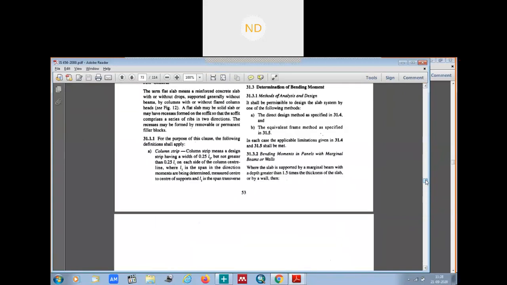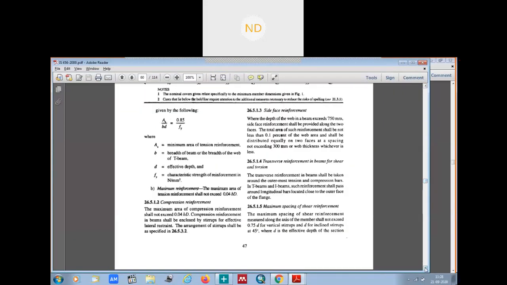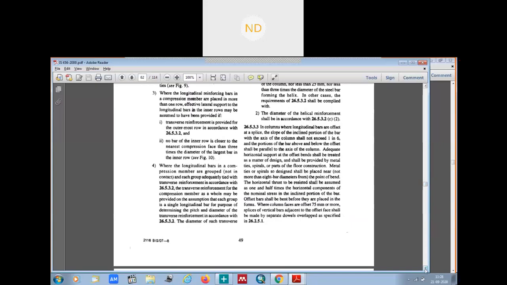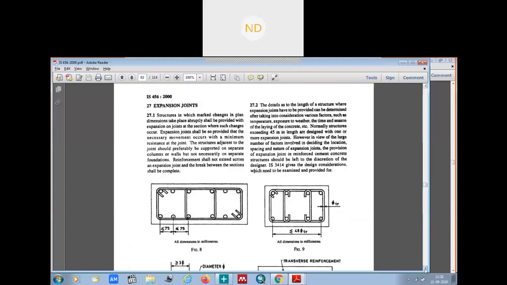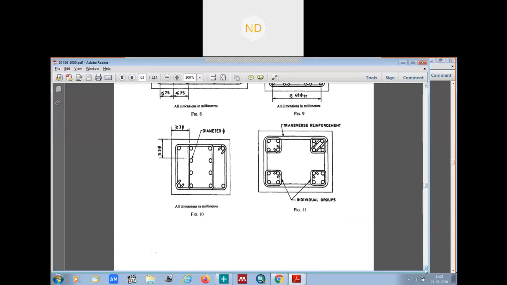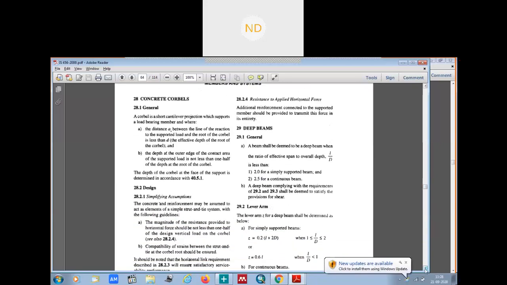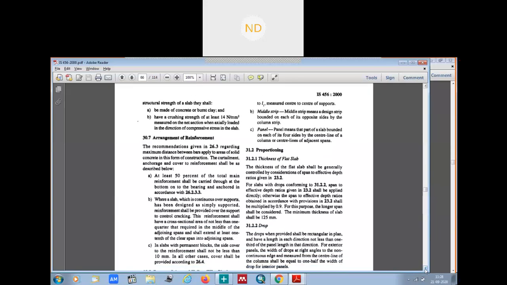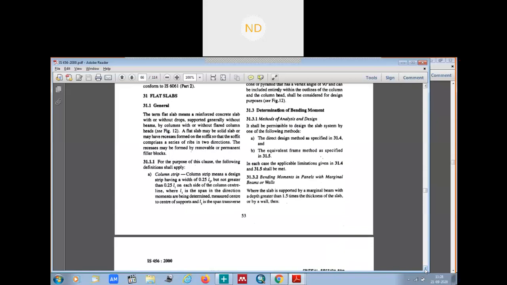Page number 53, if we go to page number 53, you will see the column strip and middle strip. So this was in clause number 31.1.1 for the column strip.